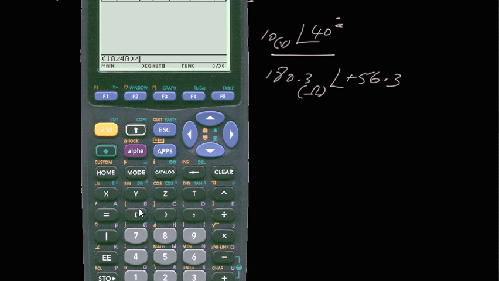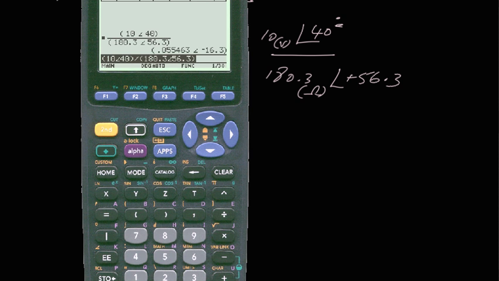This is to be divided by 180.3 with an angle of 56.3. Now, we already know that the angle is going to be negative because we have to subtract 56.3. So the difference of angle will be minus 16.3. So that much I already know.